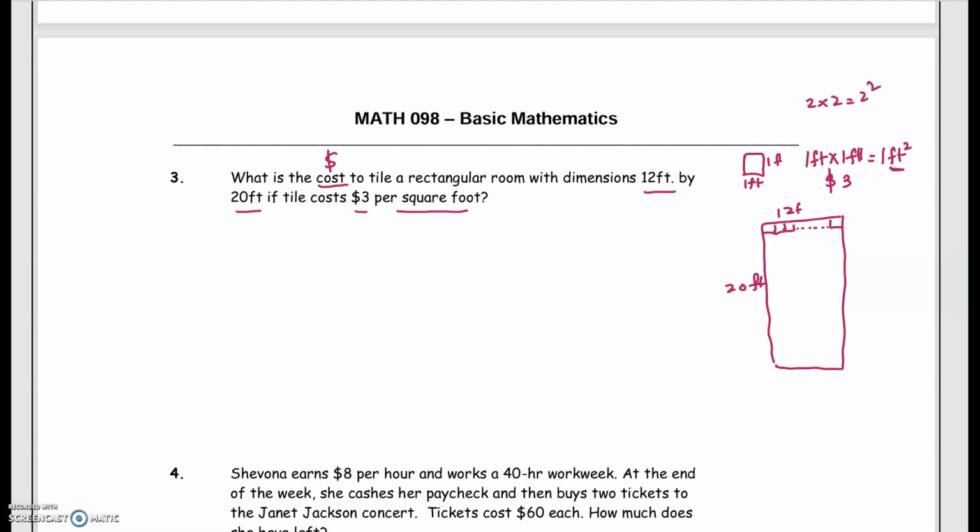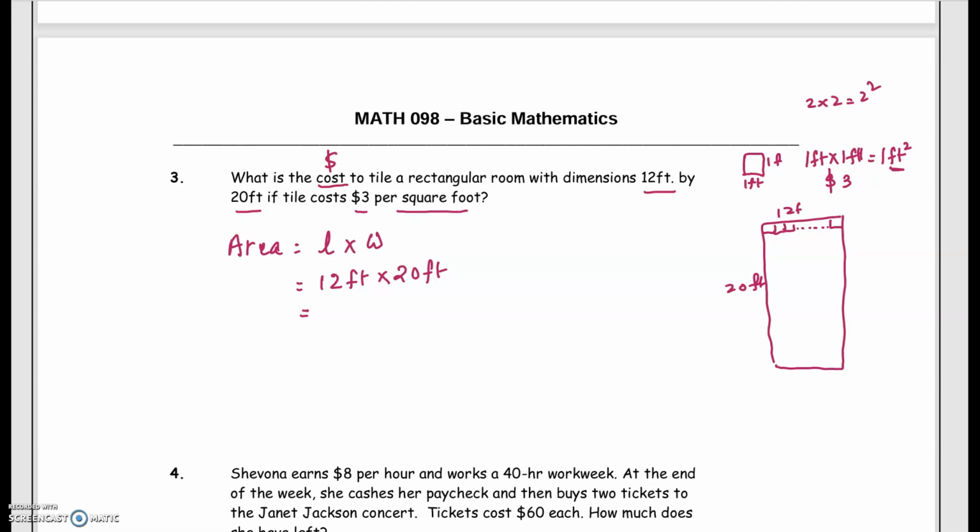So the total number of tiles, which is the same as saying what is the total area. So first we calculate area, which is length times width. So that would be 12 feet times 20 feet. So that's 12 times 20.